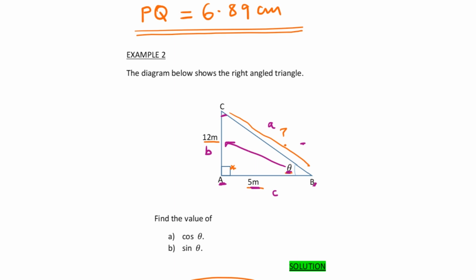Oh, the cosine we are saying it's the adjacent over the hypotenuse.